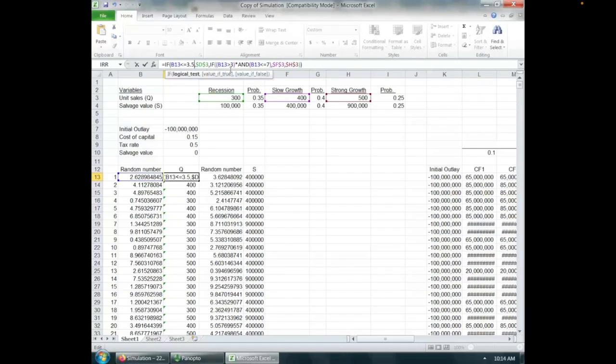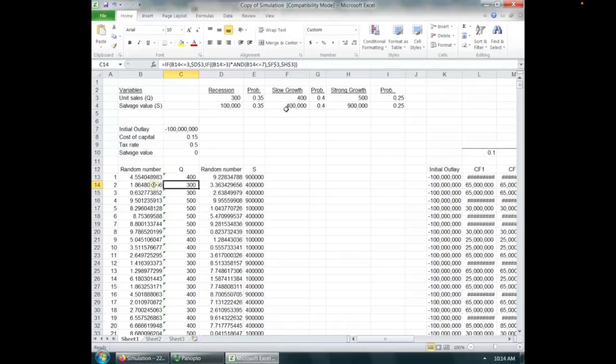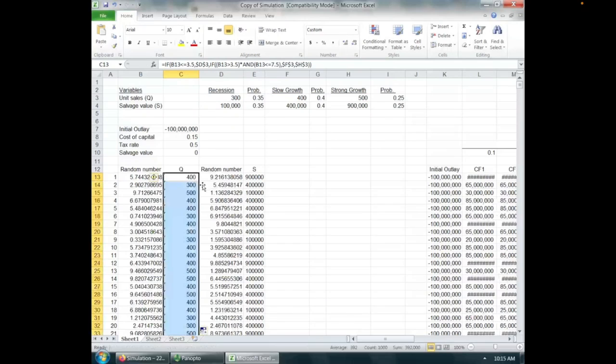If the random number is more than 3.5 but less than 35 plus 40%, which should be 75%, so less than 7.5, then we'll choose the slow growth value, and otherwise, if either of those previous conditions is not true, then you will choose the strong growth value. So there you have it. Once you adjust those probabilities, just drag this down, to make sure that all the iterations have the same expression.